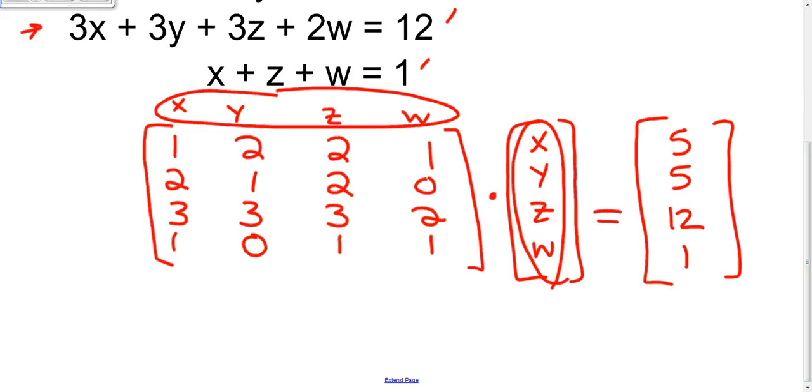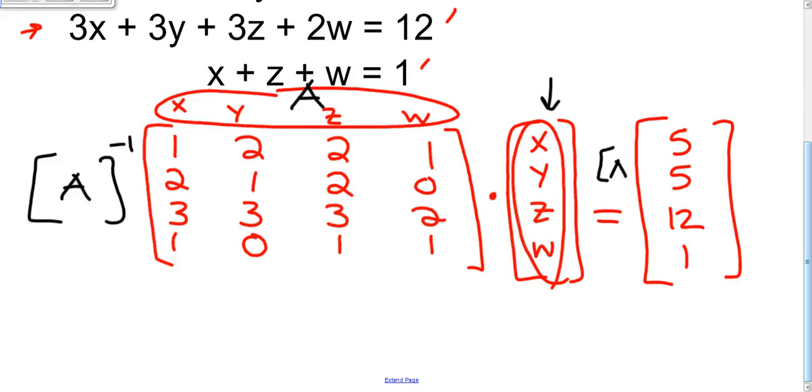Now, what you're going to do is solve for this matrix by simply using your calculator. I am going to call this matrix A. What I want to do is multiply both sides by the inverse of matrix A. If I take 3 times the inverse of 3 on just a normal number, do you see how those cancel out and you get 1?